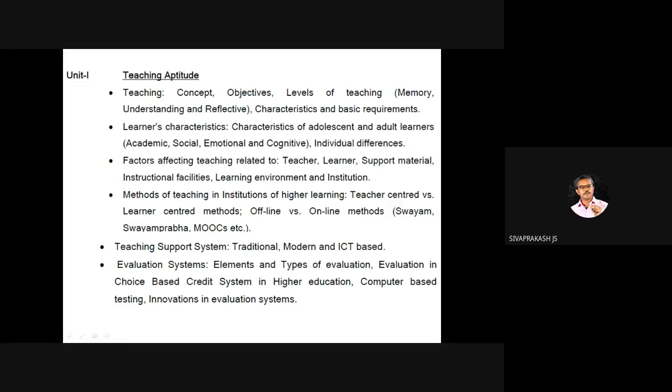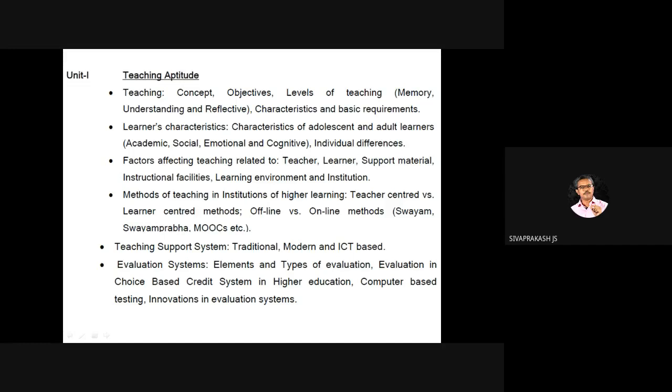Second, the learning, particularly the learner's characteristics. What are the characteristics of the adolescent and adult learners who are involved in higher education? Here it deals with academic learners, social learners, emotional learners, and cognitive learners. What are the individual differences we can find among the learners?